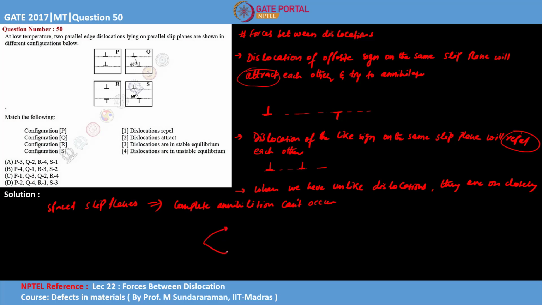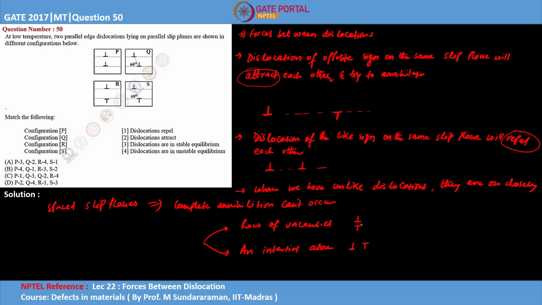There can be two possibilities. Either a row of vacancies will form, or an interstitial atom will result. If a row of vacancies is forming, the orientation of the dislocations will be in this fashion, and if an interstitial is going to form, then for unlike dislocations they will be of this fashion, right?